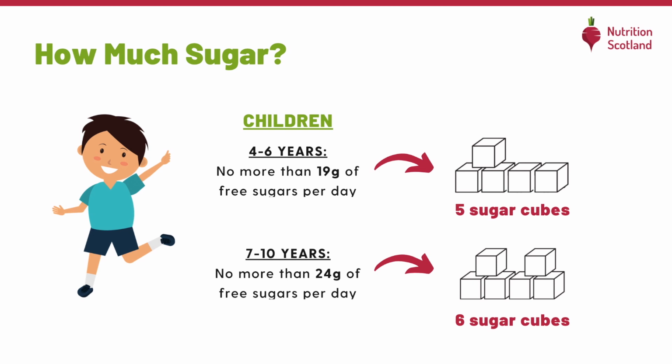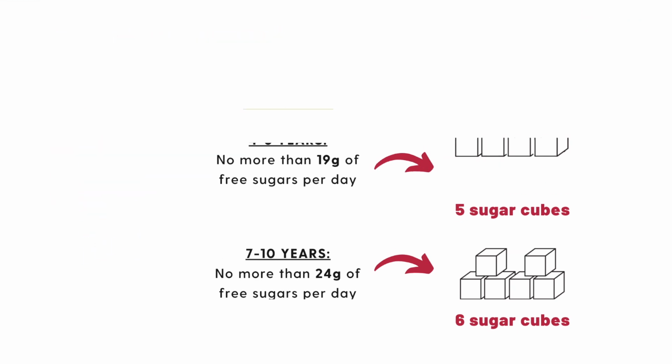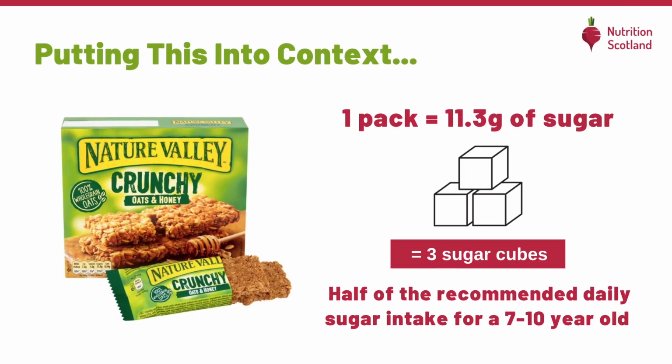And for children aged 7 to 10 years, this recommendation is 24 grams of free sugars per day, which is the equivalent of 6 sugar cubes. And again, to put this into context, if a child aged between 7 and 10 were to have one of these Oats and Honey Nature Valley bars, it would amount to half of their recommended free sugar intake for the day.